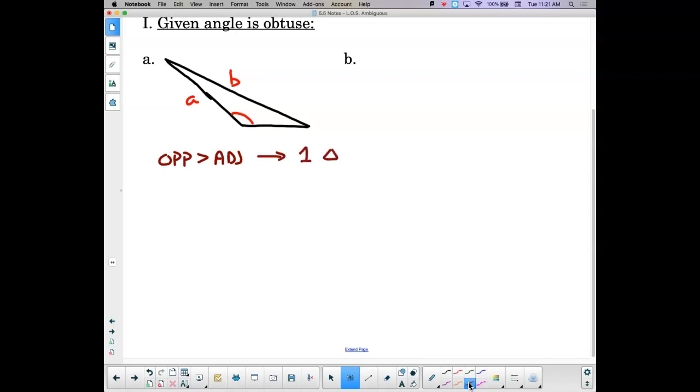You get one triangle, and you're going to use the law of sines to solve.